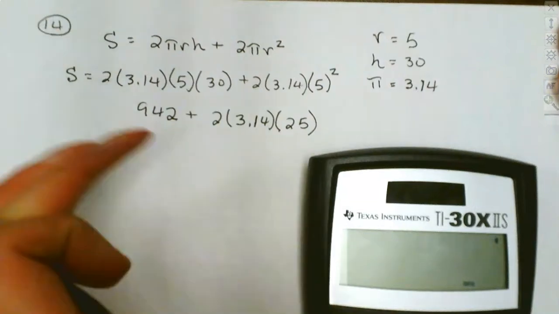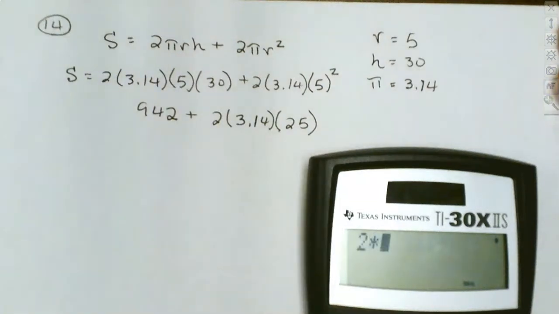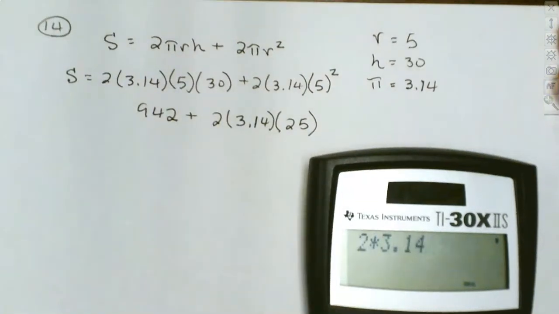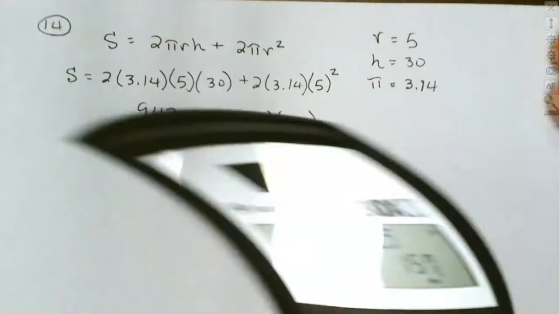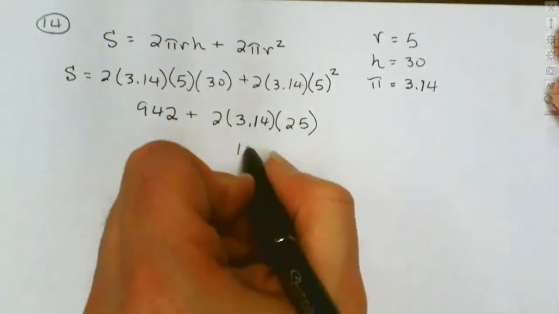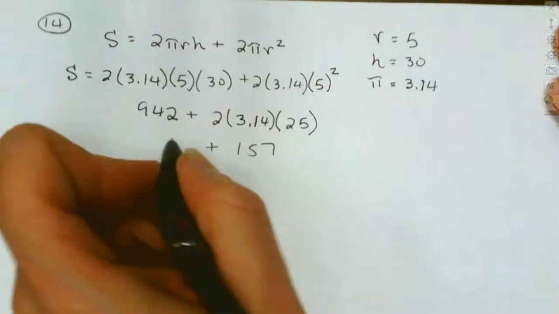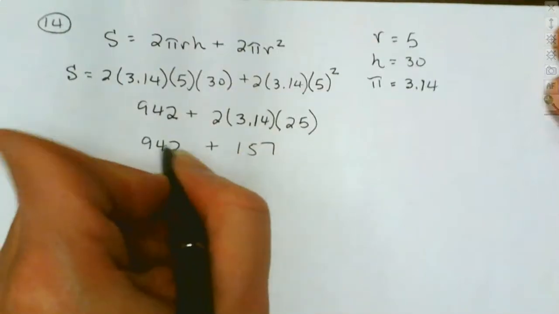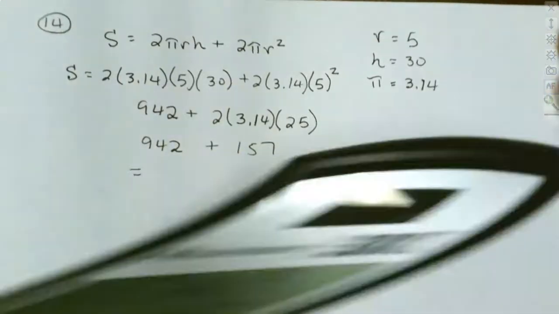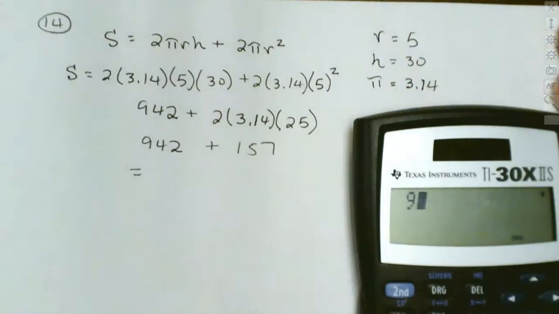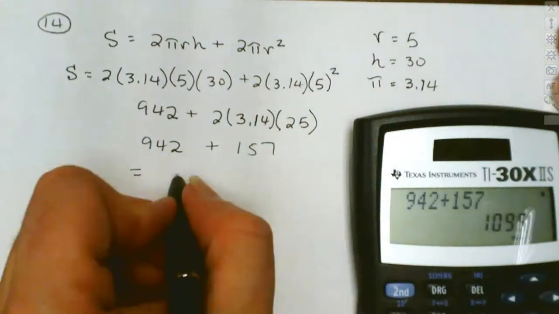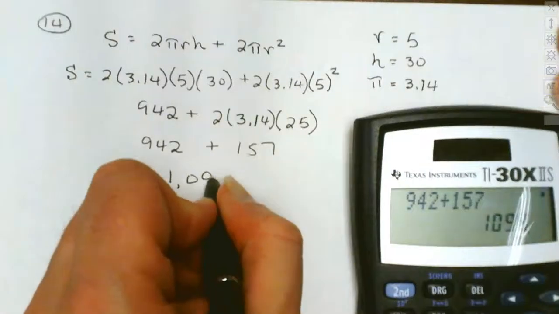I'm going to just do step by step. So then we have 2 times your 3.14 times your 25. That then comes out to be 157. We add those up. So 942 plus 157. Adding those up, we get 1,099.